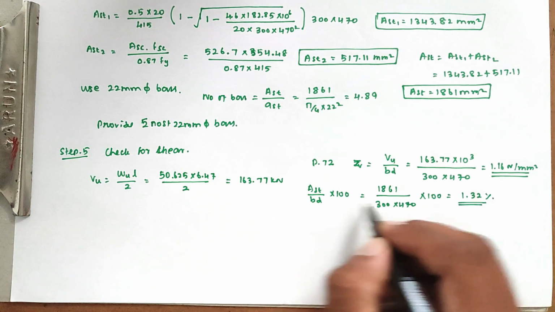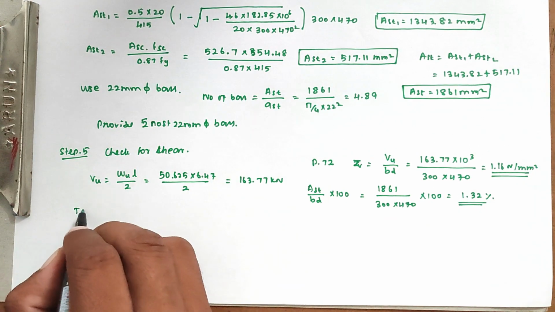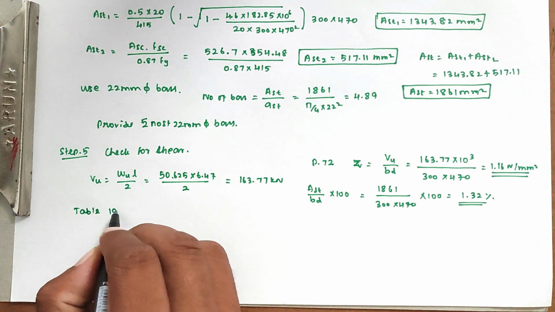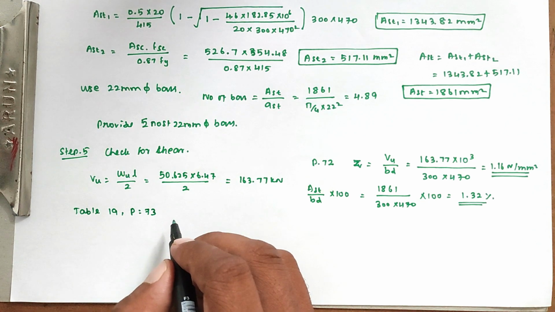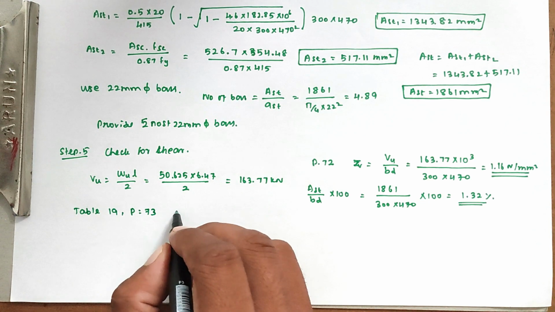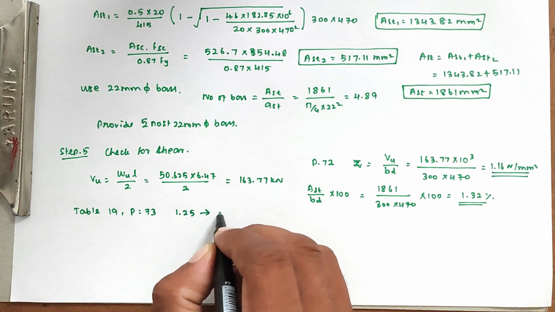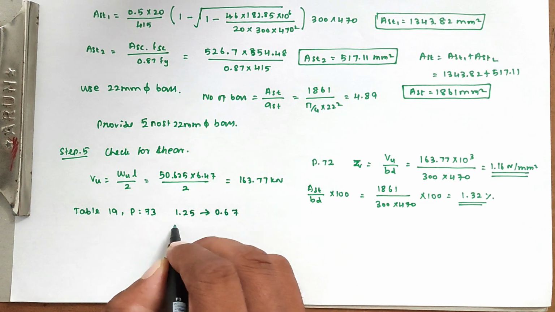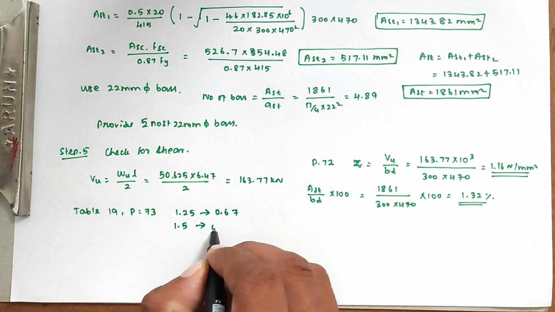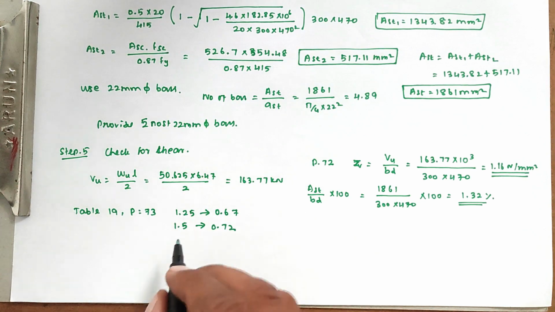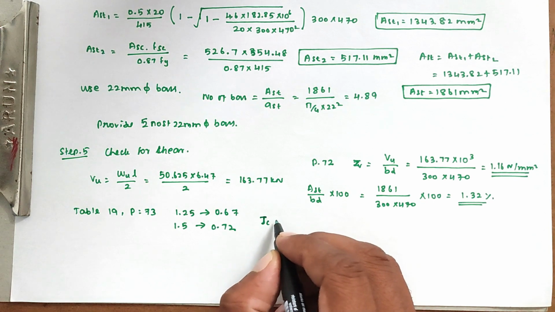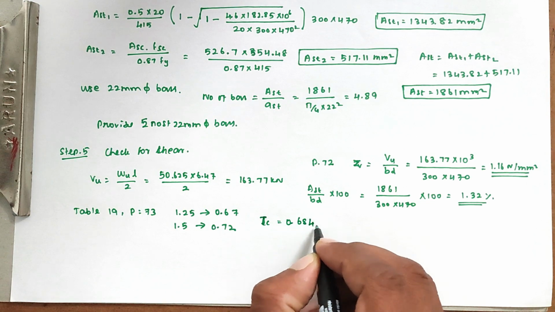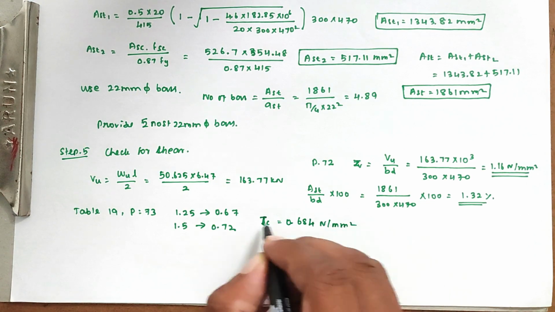Okay, so now we can take table 19 in IS 456 page number 73 to calculate the shear strength of the concrete. So now for 1.25, we got the value of 0.67. So now for 1.5 we got the value of 0.72. From that interpolation we got tau c equal to 0.684 Newton per mm square.